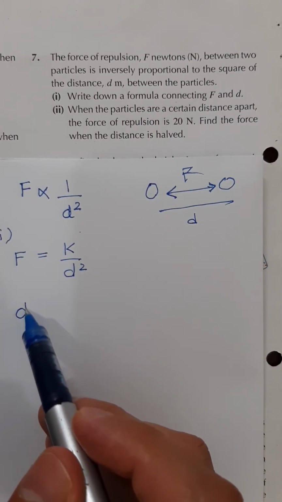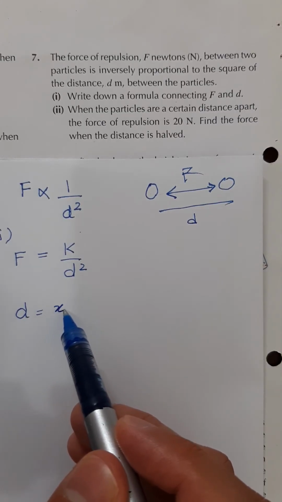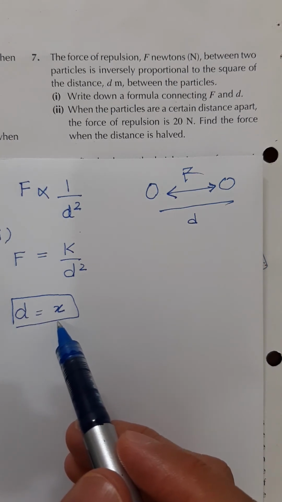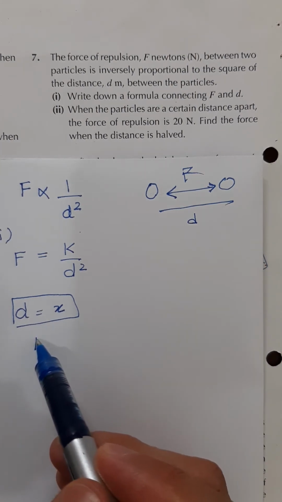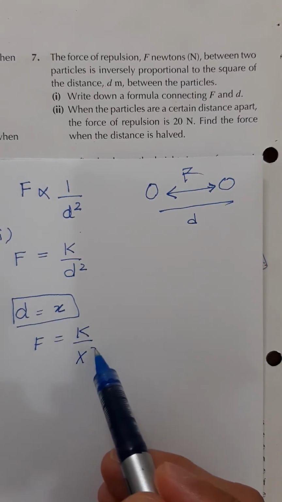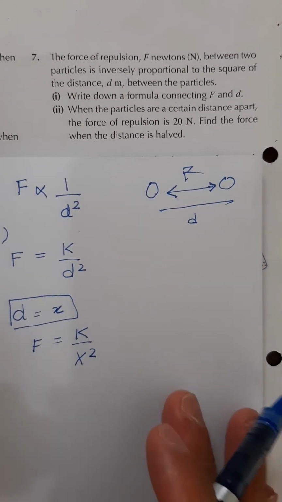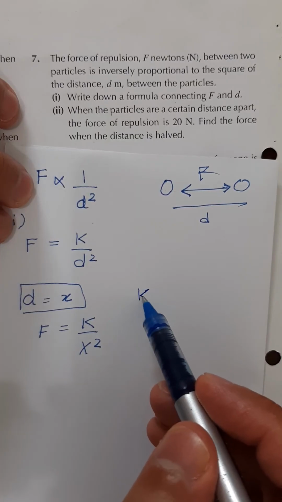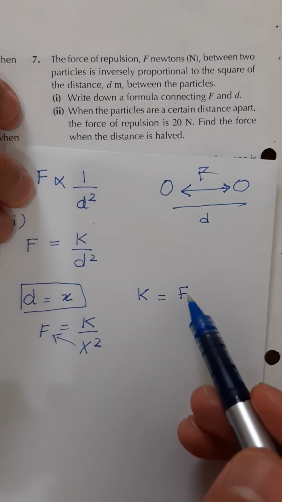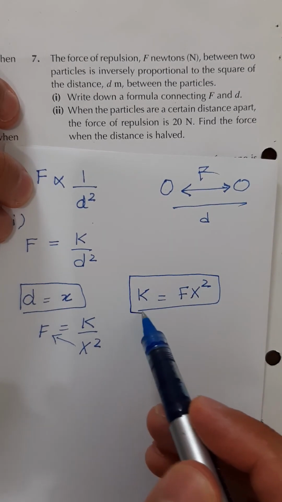However, they have said that d is some certain distance and you can take it as x. So take distance equal to x, then your equation will become F is equal to K over x square, replacing d by x. And you can find the value of K from here. Now K will be equal to F, where x square will be multiplied with F, so it will become Fx square. This is the value for K.